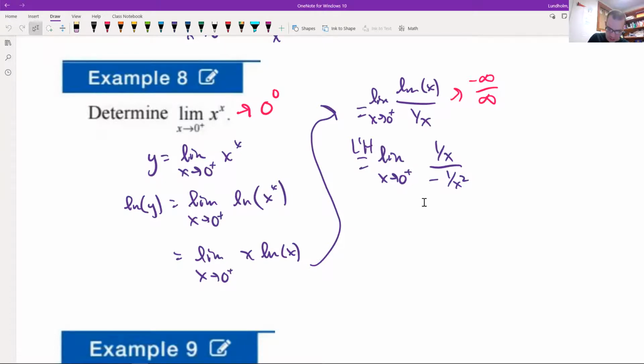And so similarly to that other time, we can do a little bit of simplification. And dividing by 1 over x squared means multiplying by x squared. And so literally we have this, which turns into the limit as x approaches 0 from the right of just negative x, which turns into 0.